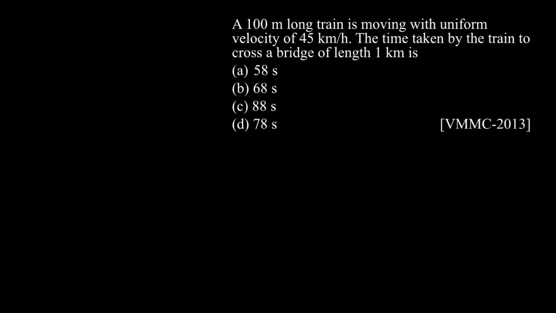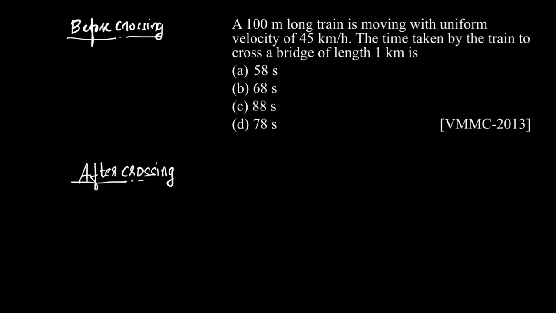It would be better if you try to visualize the question first. So let us take two conditions. So let's write before crossing the bridge, and after crossing the bridge.